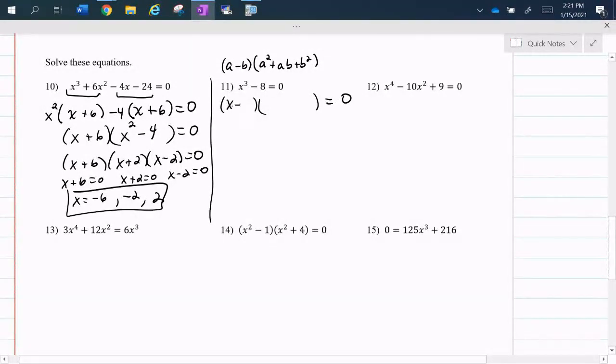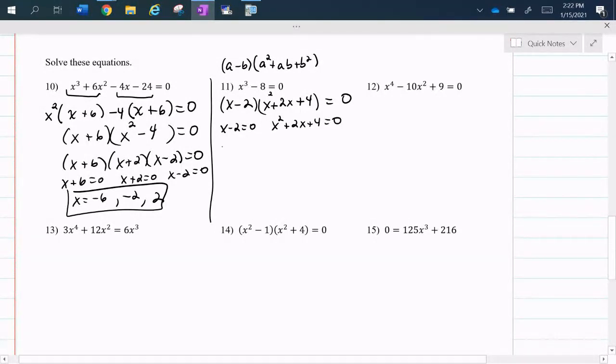And so I'm going to write x minus 2, because my a is my x and my b is 2. And so then I'm going to do a squared, so x squared, plus a times b, so 2 times x, and then b squared. So that would be 2 squared, which is 4. And so remember what I said about this trinomial. This trinomial is prime, so we can't factor it anymore. So we're going to set each factor equal to 0.